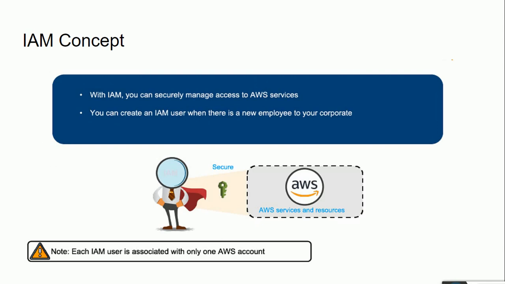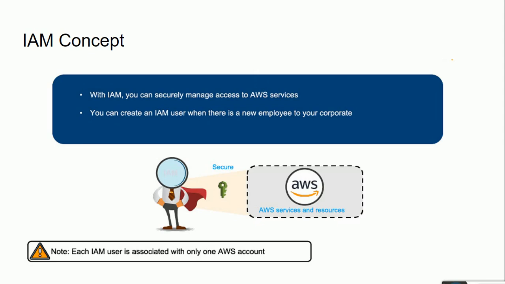So this is basically a picture containing the IAM concept. With IAM, you can securely manage access to AWS services. The basic usage of IAM is to securely manage the AWS services.